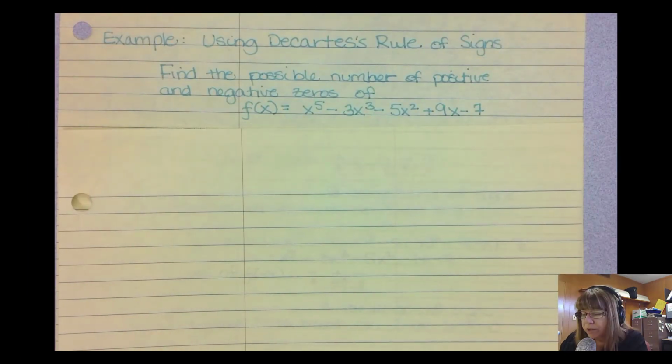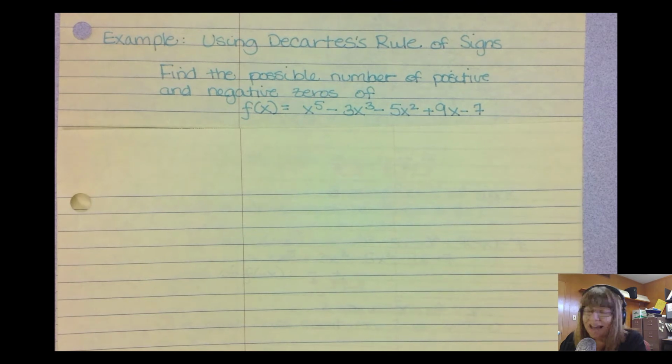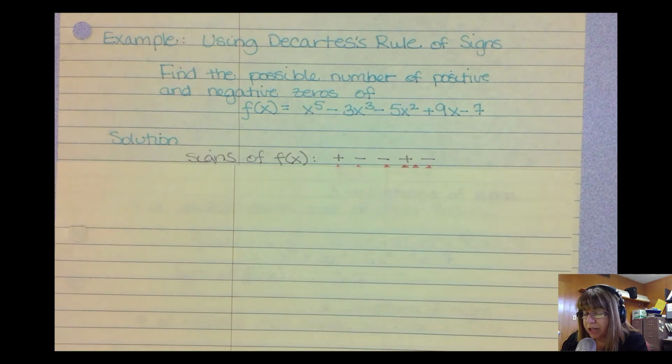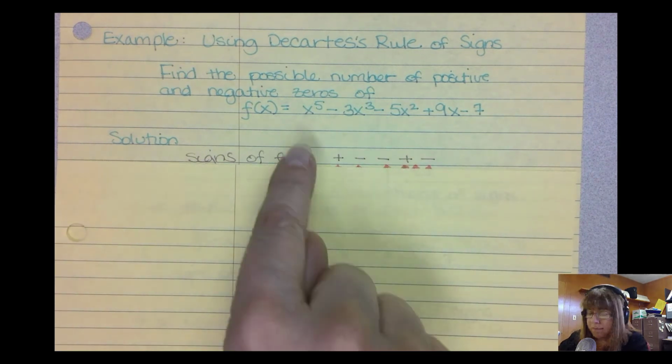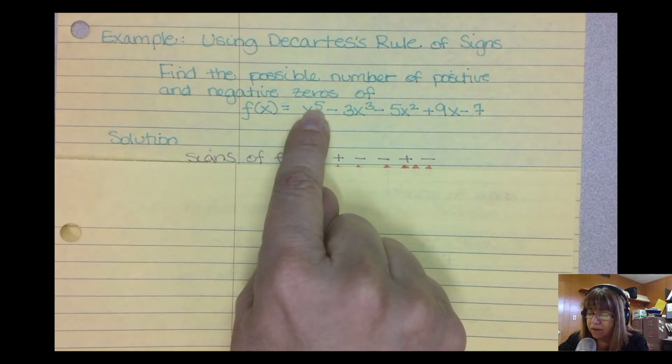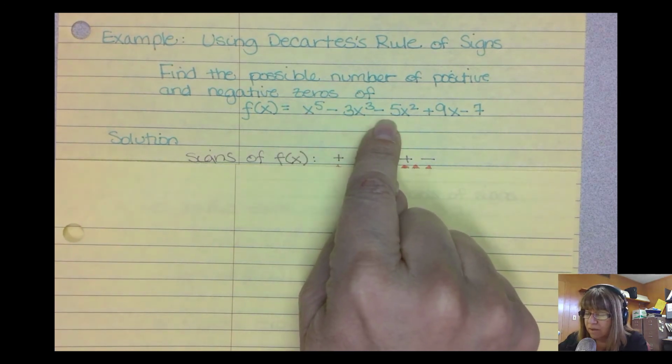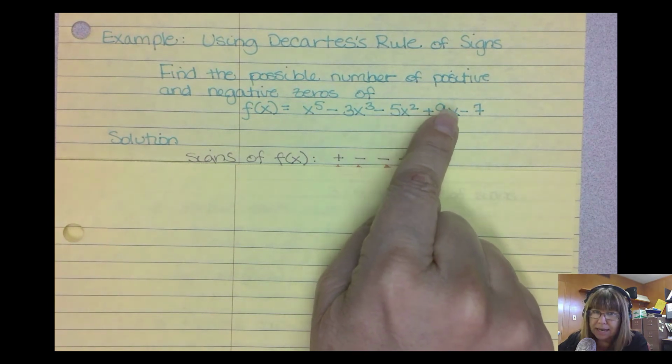Let's use our Descartes rule of signs to figure out the possible number of positive and negative zeros of our function f of x equals x to the 5th minus 3x cubed minus 5x squared plus 9x minus 7. First and foremost, we need to get the signs of our function. So we start off with a positive x to the 5th, then minus 3x cubed, minus 5x squared, plus 9x, minus 7.